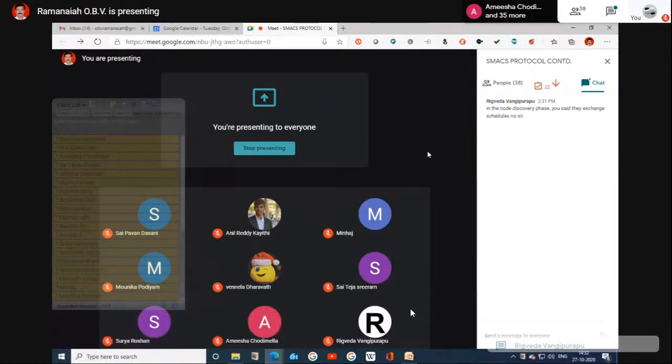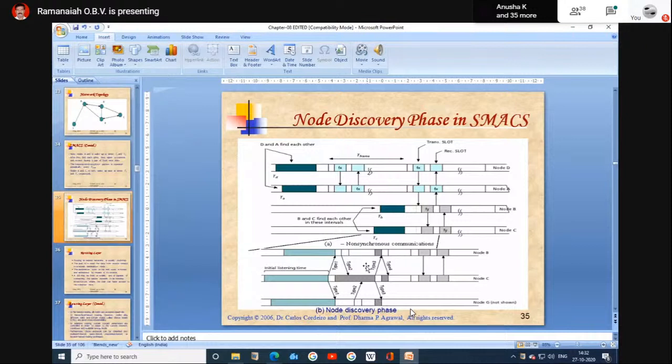In the node discovery phase, you said they exchange schedules. No, in the node discovery it is not so. See here in the lower part, figure B, they are only detecting each other, and they fix on the channel only, but schedules are fixed in the next diagram. You see here, this is non-synchronous communication.